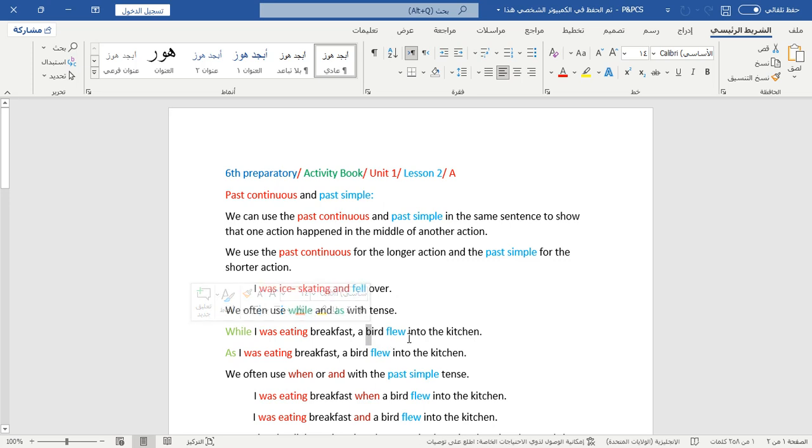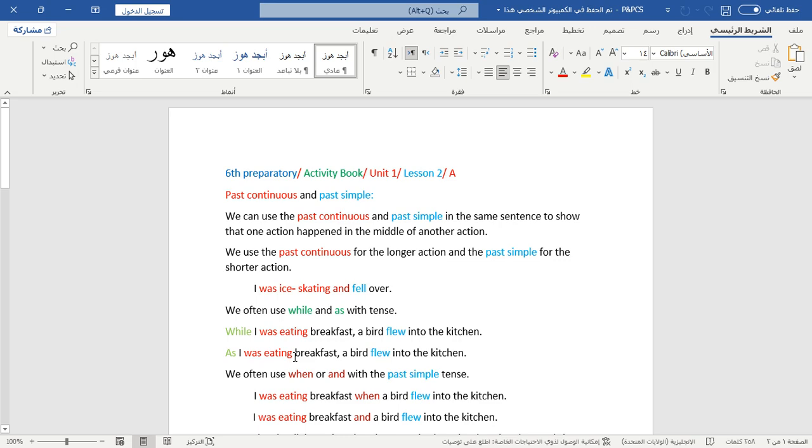Flew is in the past simple. The second part of the sentence, which begins after while, is in the past simple tense: flew. A bird flew into the kitchen. What happened?